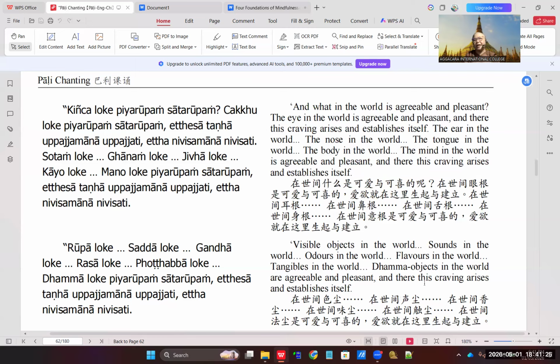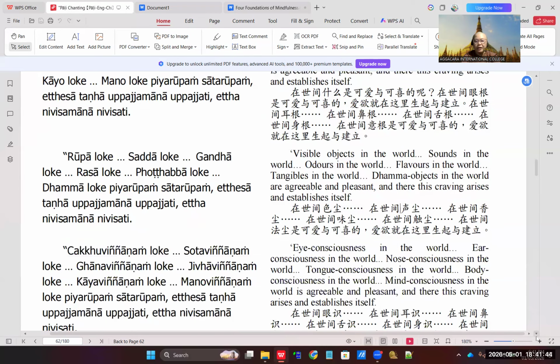Like you might recall an experience you had one year ago, 10 years ago. So the Dhamma object can be a very broad category. As long as it's perceived as agreeable and pleasant, then the craving will exist there, right?